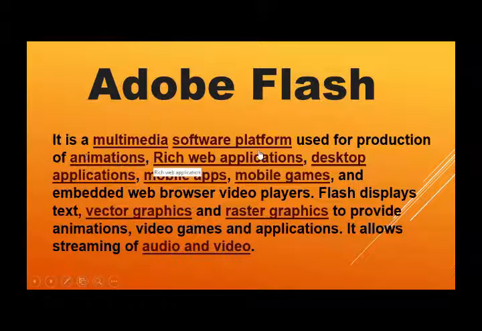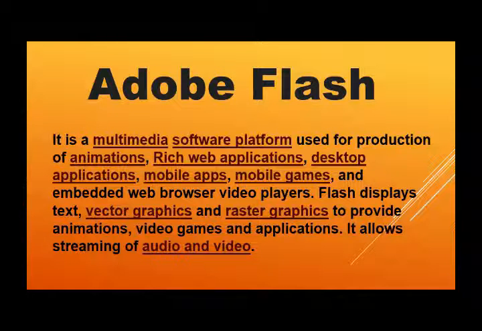It is a multimedia software used for production of animation, rich web applications, desktop applications, mobile apps, mobile games, and embedded web browser video players. Flash displays text, vector graphics and raster graphics to provide animations, video games, and applications. It allows streaming of video and audio as well.